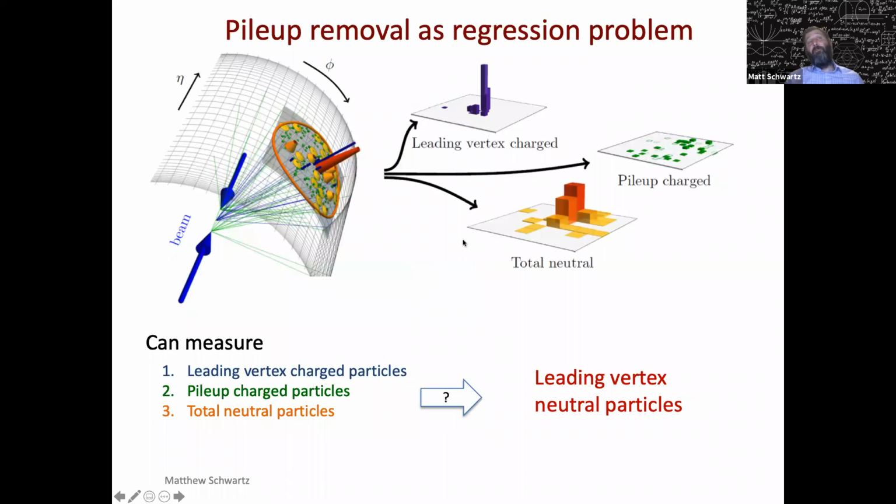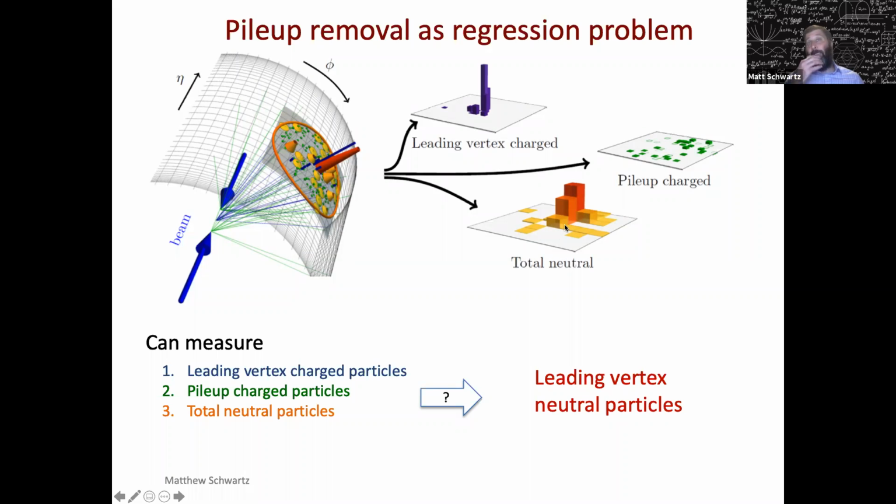So there are a few methods doing this, but I want to talk about the one that I worked on, which is called PUMML. The idea is we use this convnet architecture where we have the 3 inputs that we can measure. We can measure the energy deposits from the leading vertex. We can measure the energy from the pileup particles from the charged particles, and then we can measure the neutral particles.